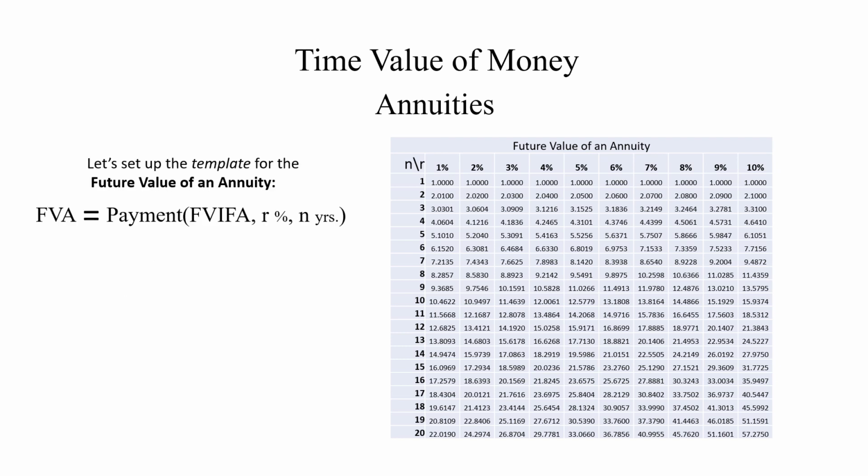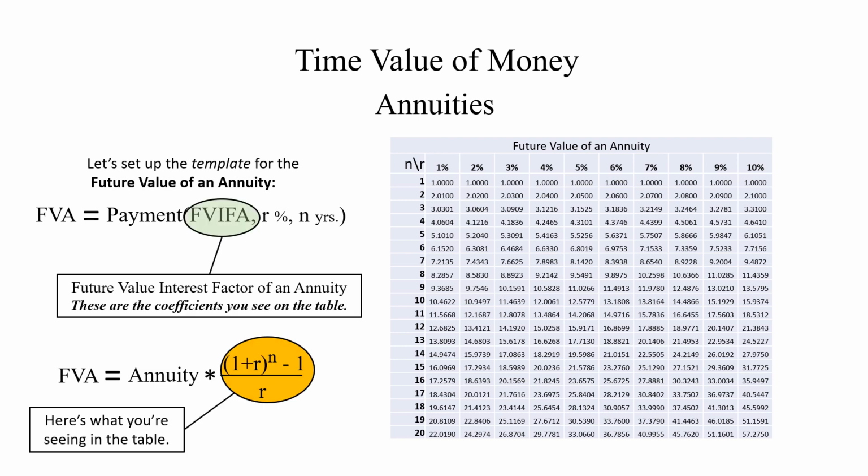Okay, so let's set up the template for computing the future value of an annuity by use of the table. Notice that it's very similar to the template for the future value of an amount, except instead of multiplying the FVIFA by the present value, as we did for an amount, we multiply it by the annual payment.